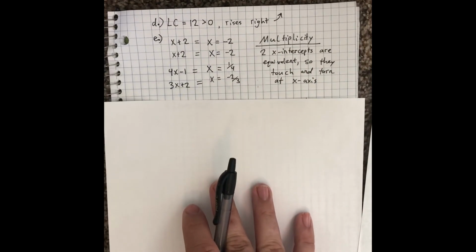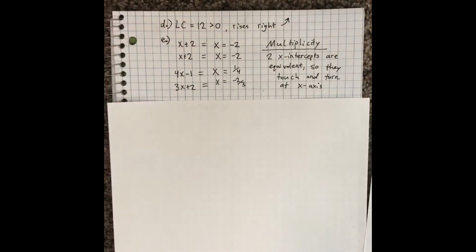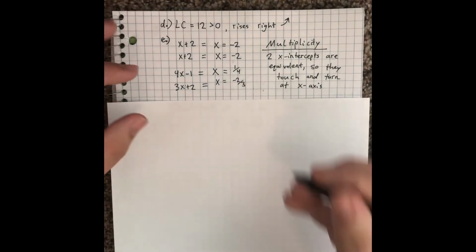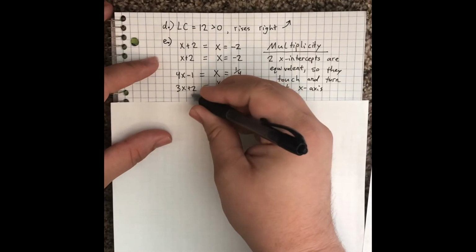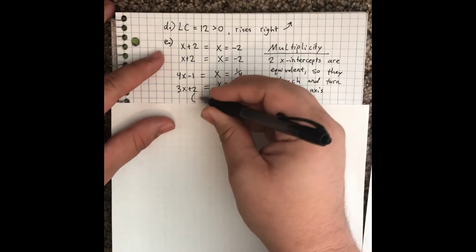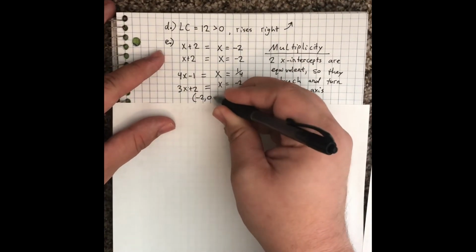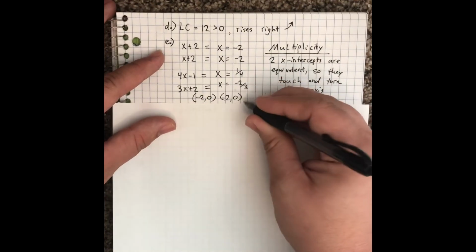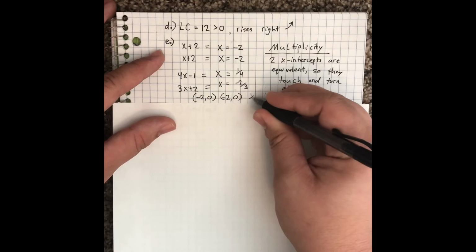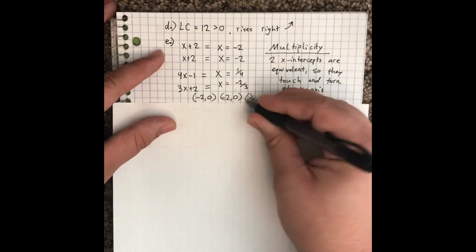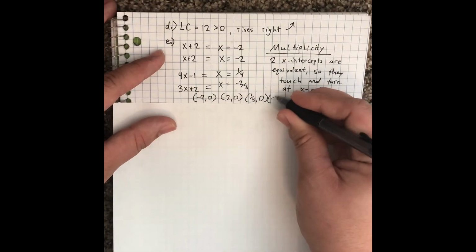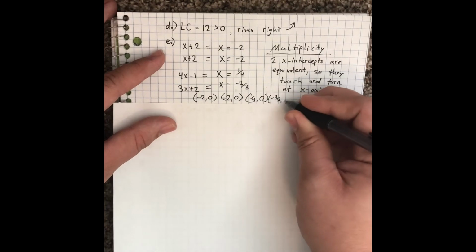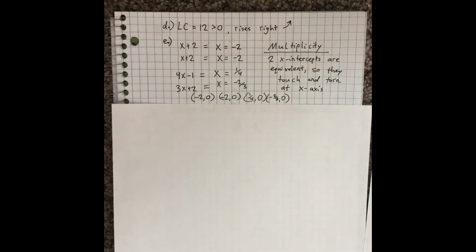So our coordinates for our x-intercepts, which you write like ordered pairs, are -2, 0, another -2, 0, 1/4, 0, and -2/3, 0.